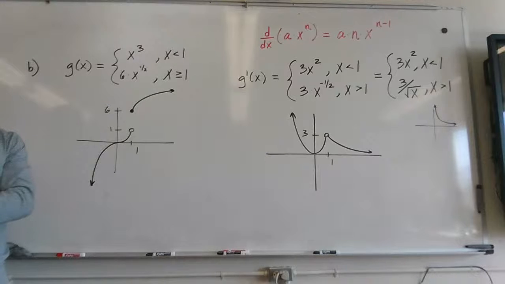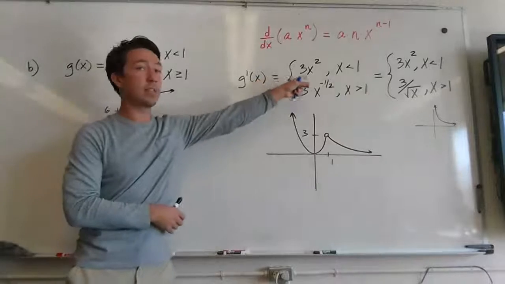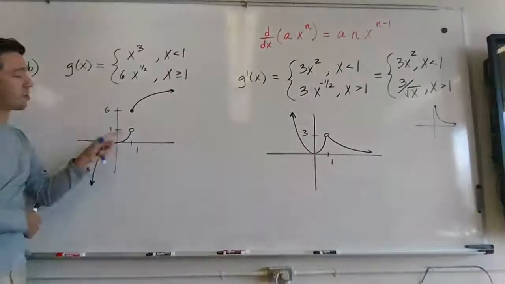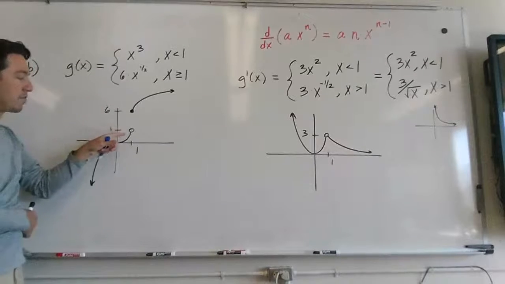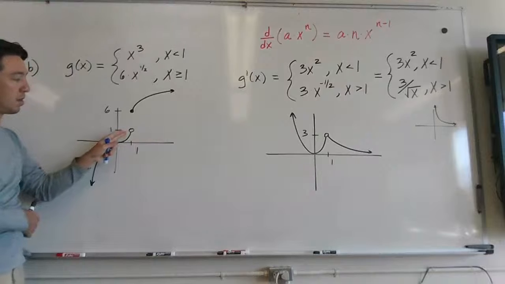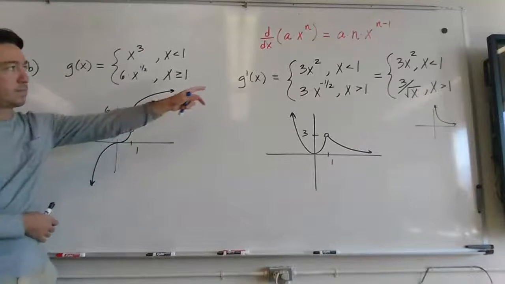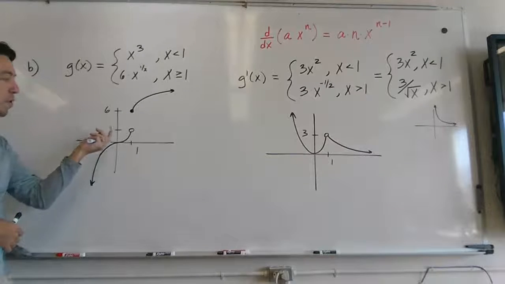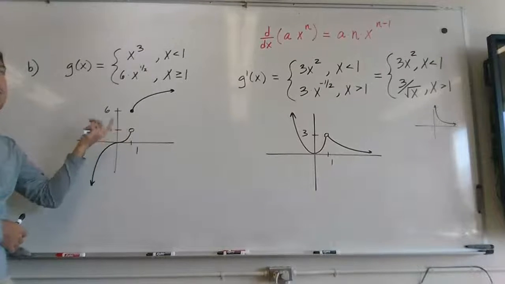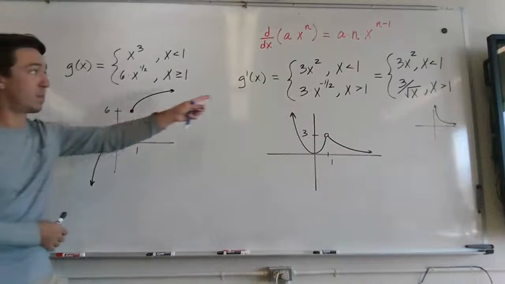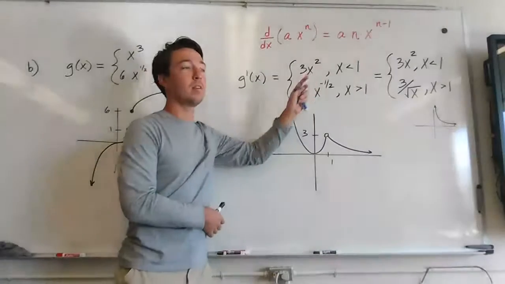Is it because they're both 3x? Yeah, it has to do with the fact that, look at this, what's the slope of this graph just before the breaking point? It's very nicely positive. Right, so as we approach 1, what's the slope? About 3, because if I plug 1 in here, I get 3.